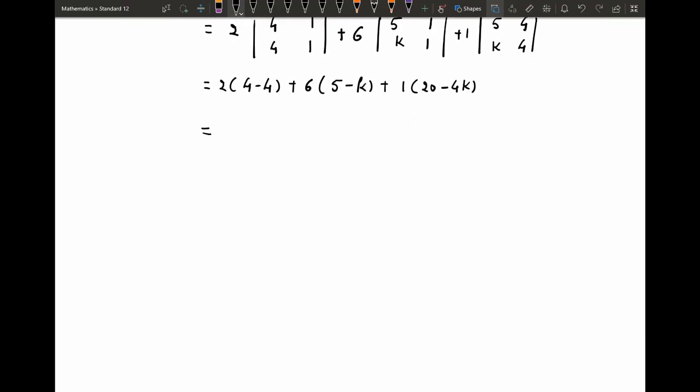Further simplification: this term is 0, 30 minus 6k plus 20 minus 4k. So this is 50 minus 10k.